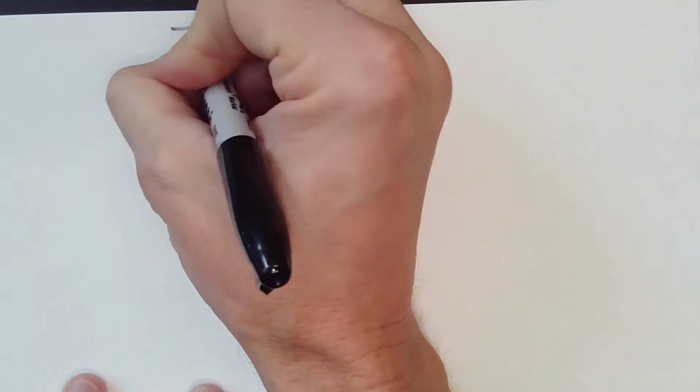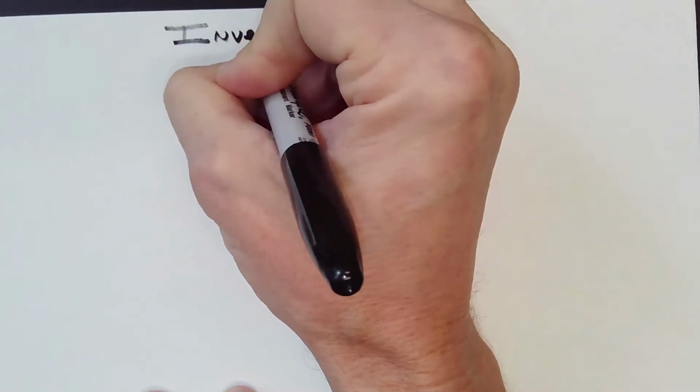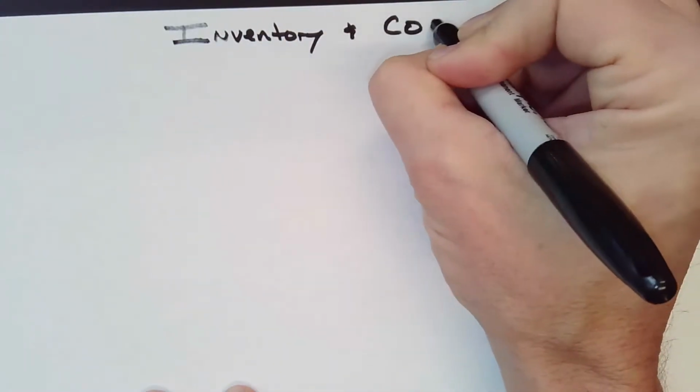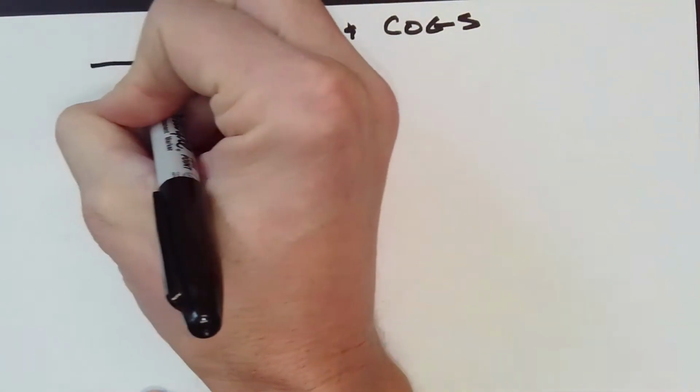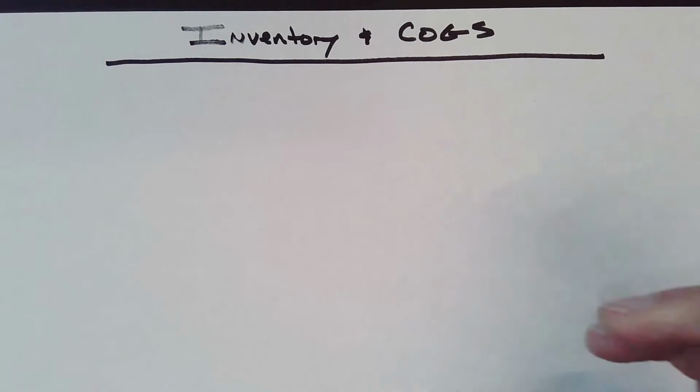So we're still talking about inventory and cost of goods sold. And just like you do with things in your refrigerator, like eggs, for example, there's a flow to all of this.